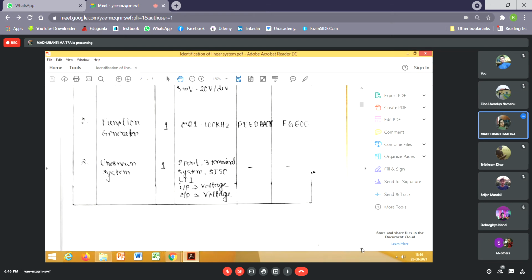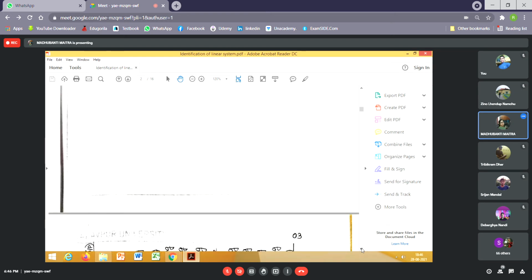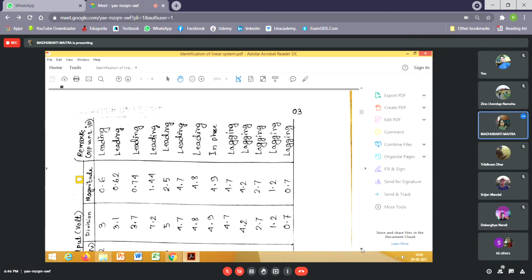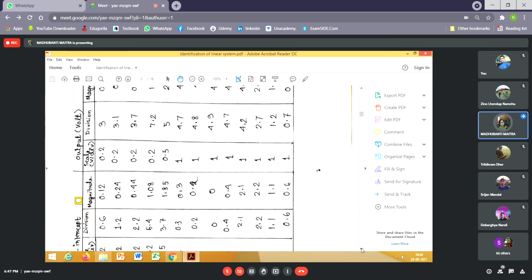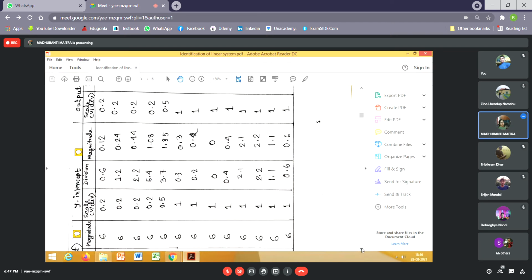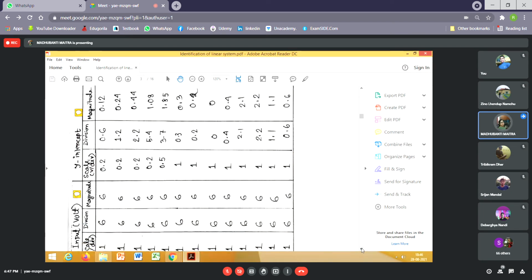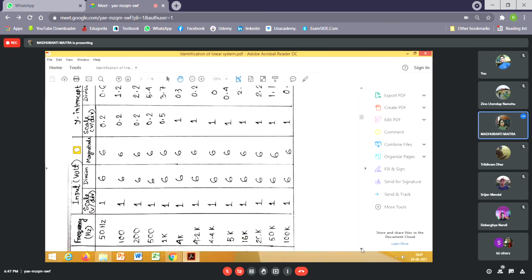Apparatus list is not relevant because we can't see the apparatus. Okay, this is a table and we'll be requiring this table, but let me show you one thing, that the first part of the table is pretty simple. The first column is for the frequency, because here we are varying the frequency from 50 hertz to 100 kilohertz. So 50 hertz, then 100 hertz, 200 hertz, 500 hertz. These are the frequencies.